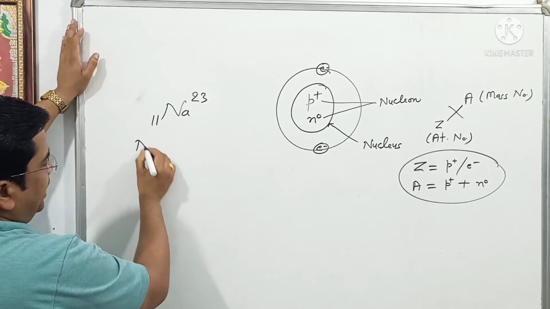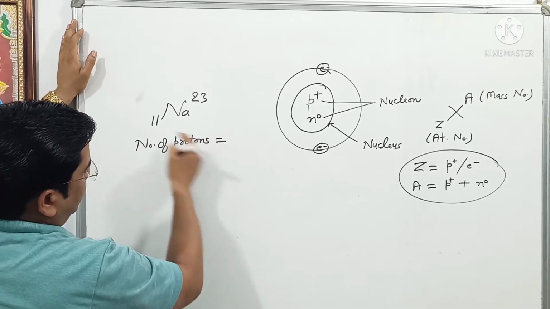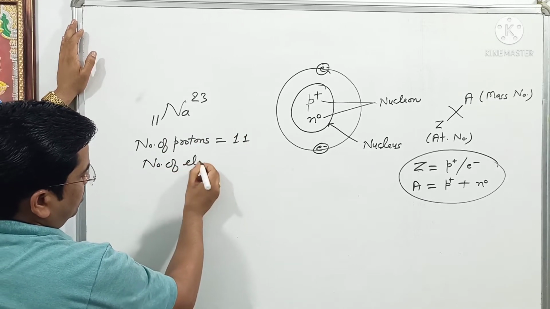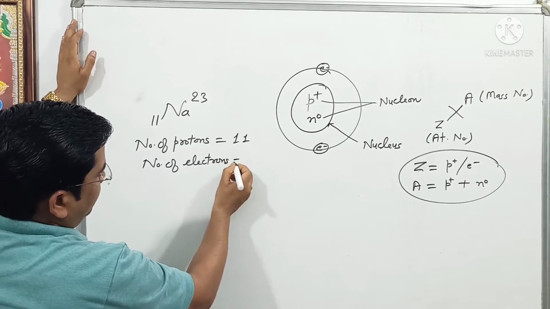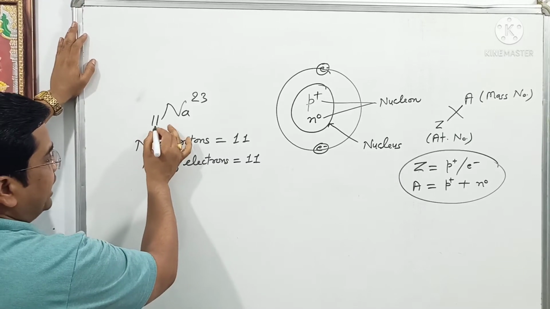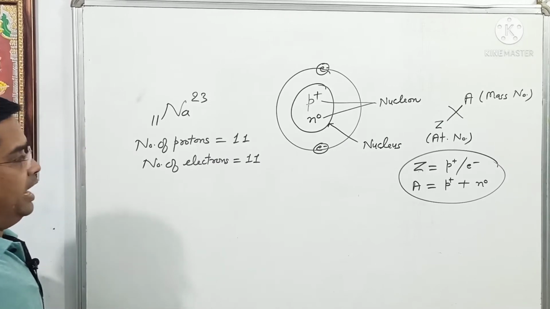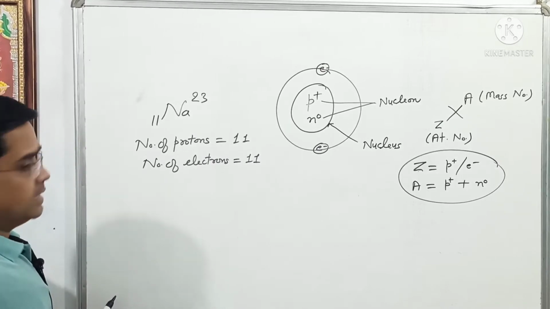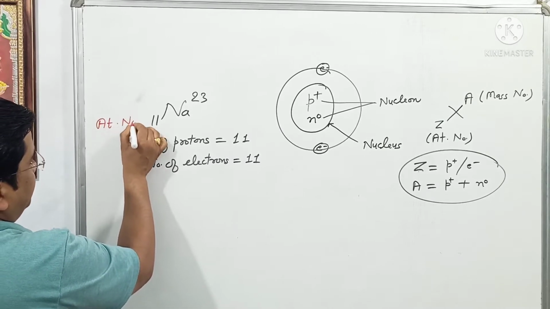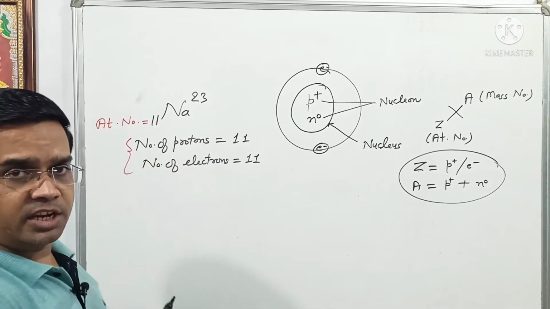It means number of protons is 11, number of electrons will also be 11, as atomic number is 11. That's why the number of protons and number of electrons will be equal. Okay friends, in this way you can say that three factors are the same.